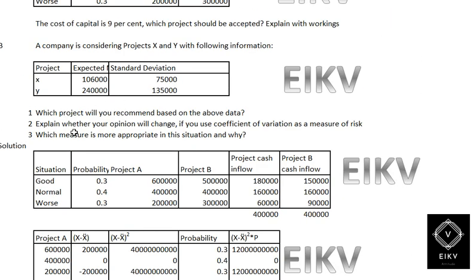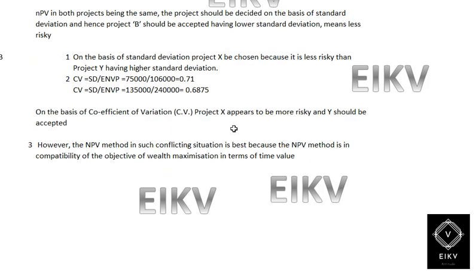Then next question, which measure is more appropriate in this situation and why? However, the NPV method is best in such a conflicting situation because the NPV method is compatible with the objective of wealth maximization in terms of time value.